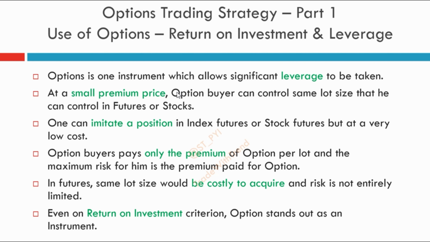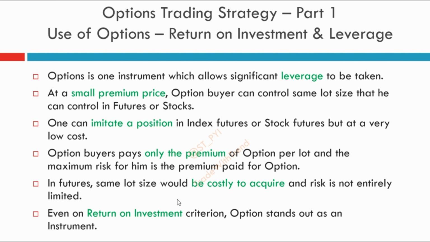But in options, that's not the case. In case you are buying a far out of the money option, you just stand to lose the premium that you've paid. That is only when you're buying, right? So naturally, with a very low premium compared with futures, you can easily own the same amount of asset that you want to hold in futures or in stock, but with extremely low risk. That is the beauty of options.